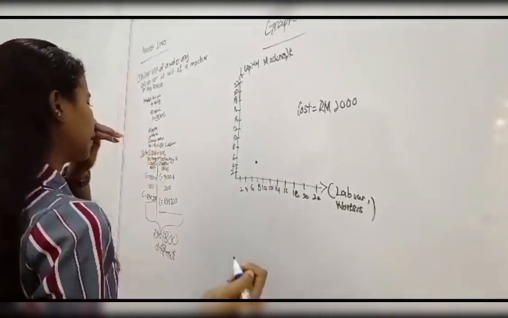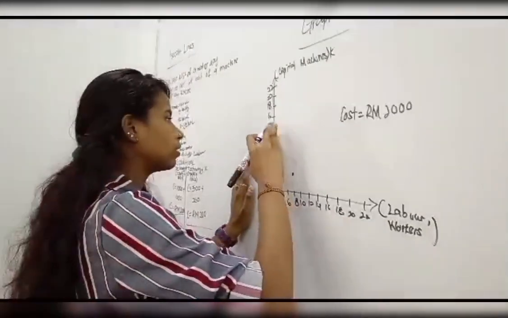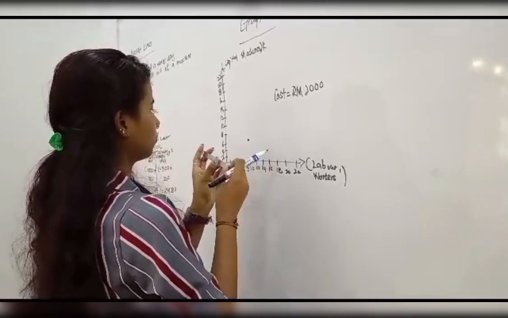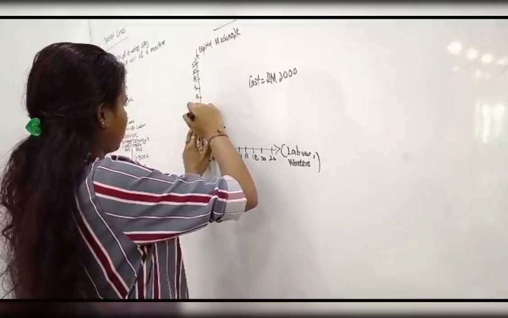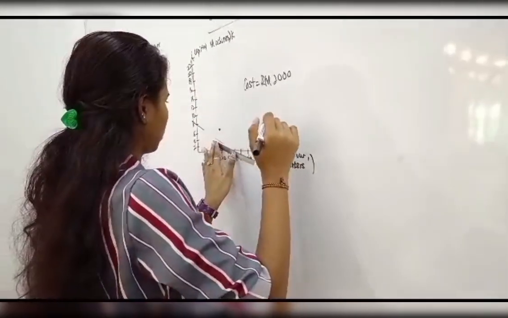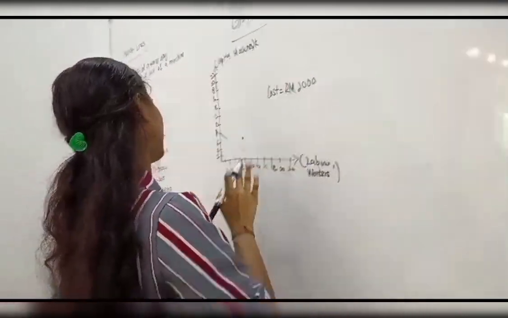Okay, now we must plot X, which is 8 till 20, but the line is 45.